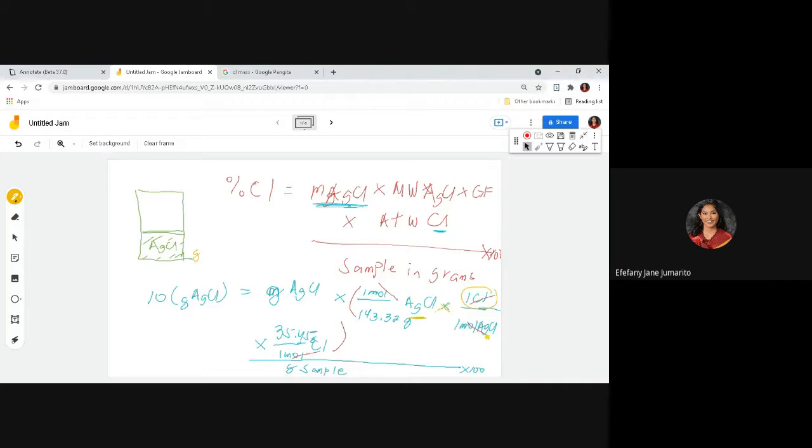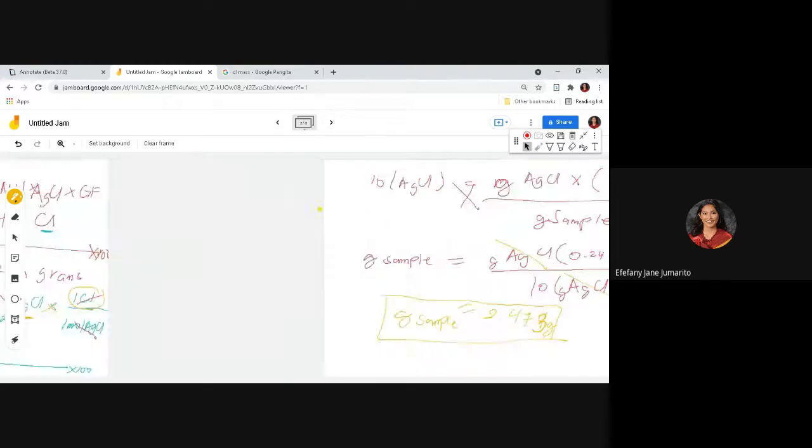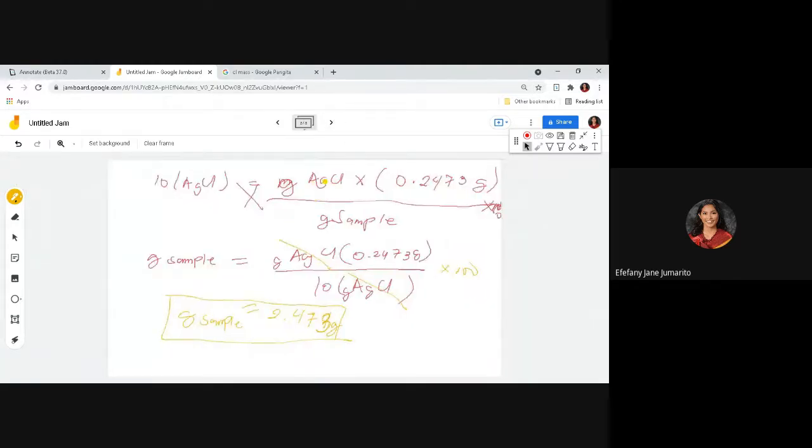In 1 mole of AgCl, we can get 1 mole of chlorine. Because this is percent, let's make sure it is grams over grams. So we multiply with the atomic weight, 35.45, which came from the atomic mass of chlorine. After we multiply these things, we are left with grams of AgCl times this, divided by the whole sample, then multiplied by 100.